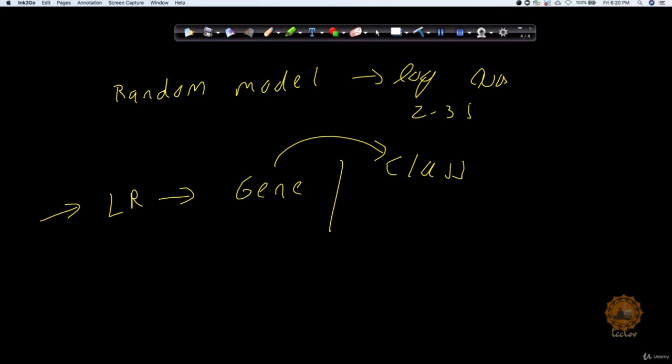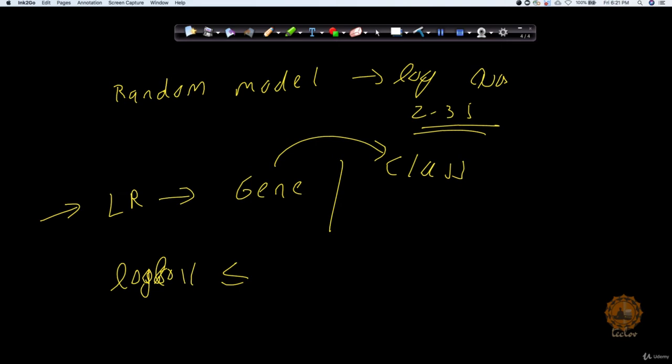During this process, if my log loss comes out to be lesser in comparison to your random log loss, then in that case, gene is a good feature. Since it is performing better than any random model, gene is definitely going to be an important part of my prediction. So that's what we are going to do.